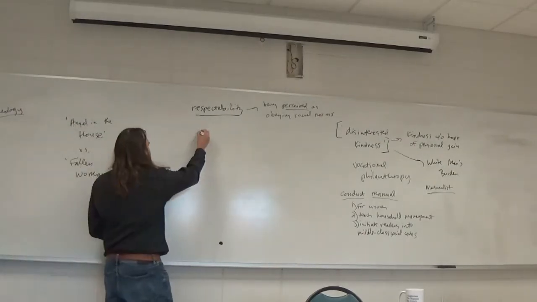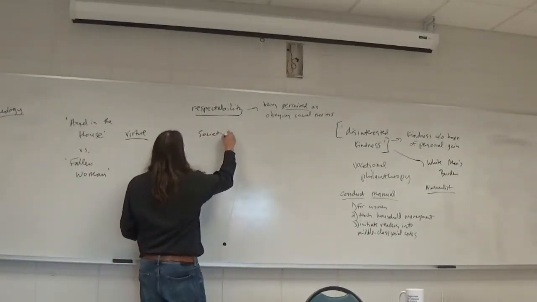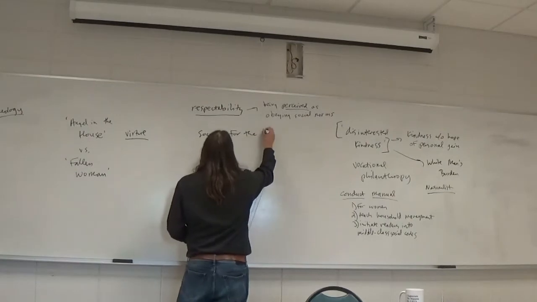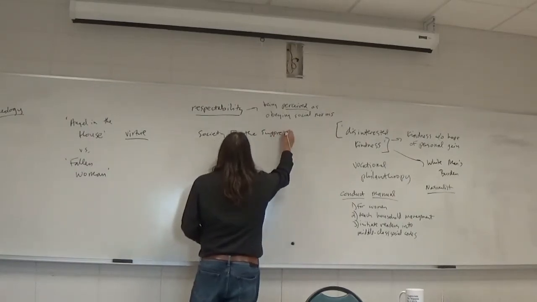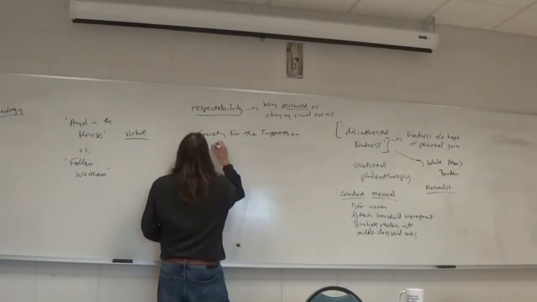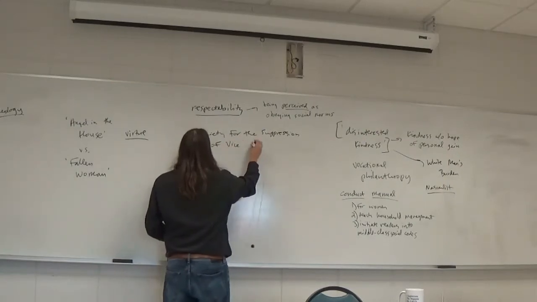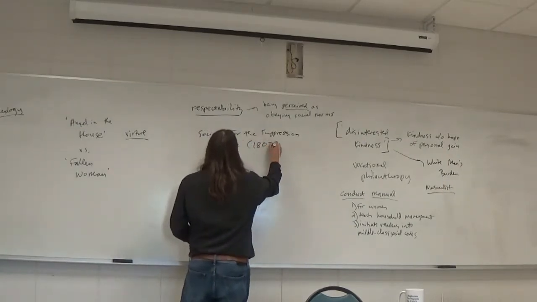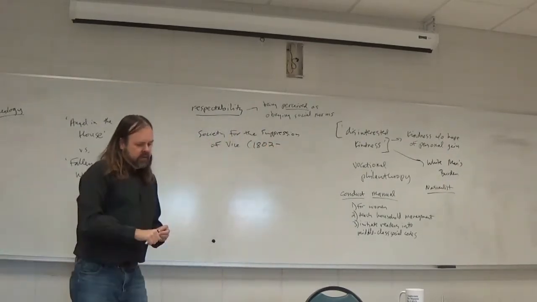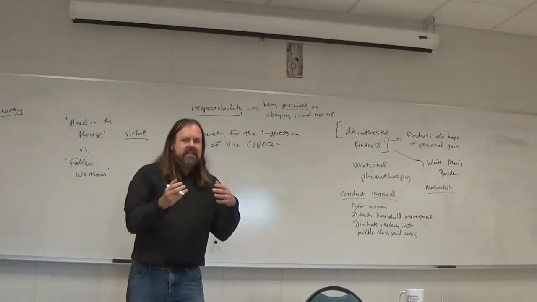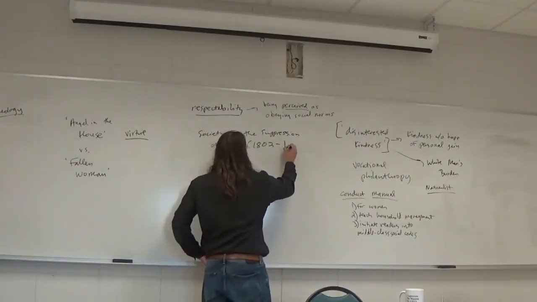So the Society for the Suppression of Vice is founded in 1802 and is active until 1885.